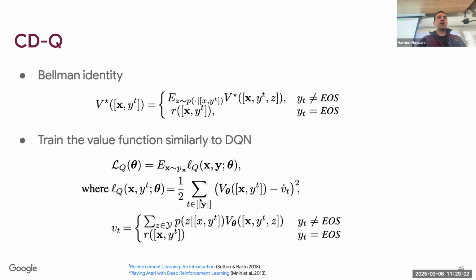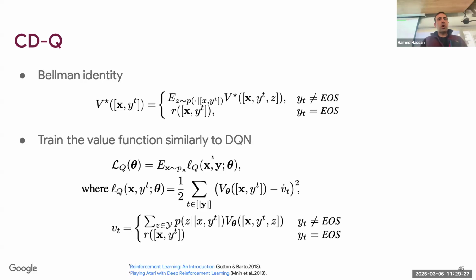The way we're going to do this is take the right-hand side of this equation and set it as a target. This dot is a stop gradient, so we set this as a constant target, and then we do an L2 loss, training our value network to mimic that.